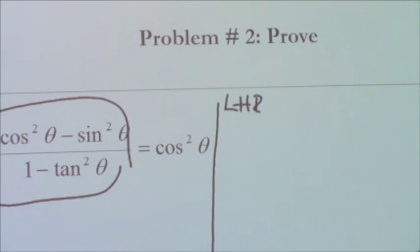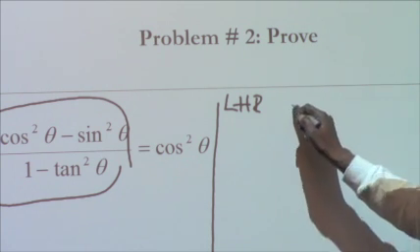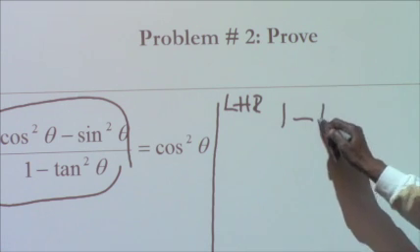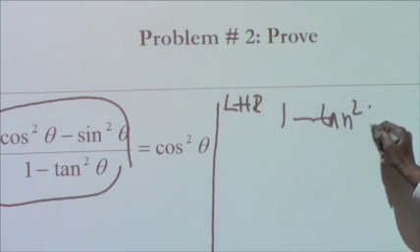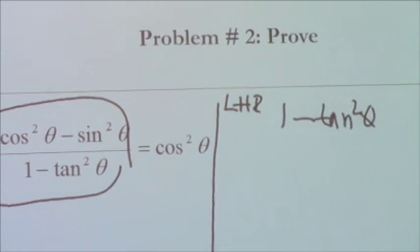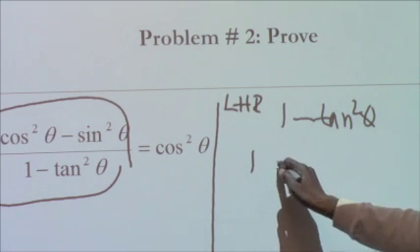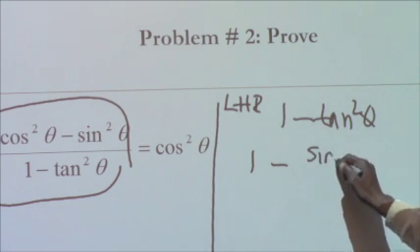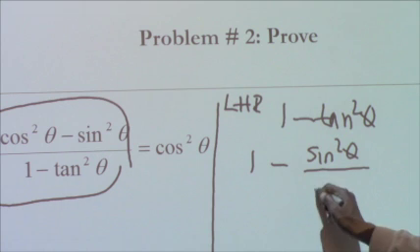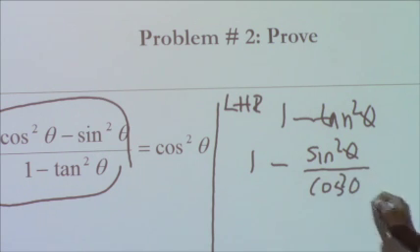So I'm going to take the denominator, 1 minus tan squared theta, and see how I can manipulate this. This is going to be 1 minus sine squared theta over cosine squared theta.